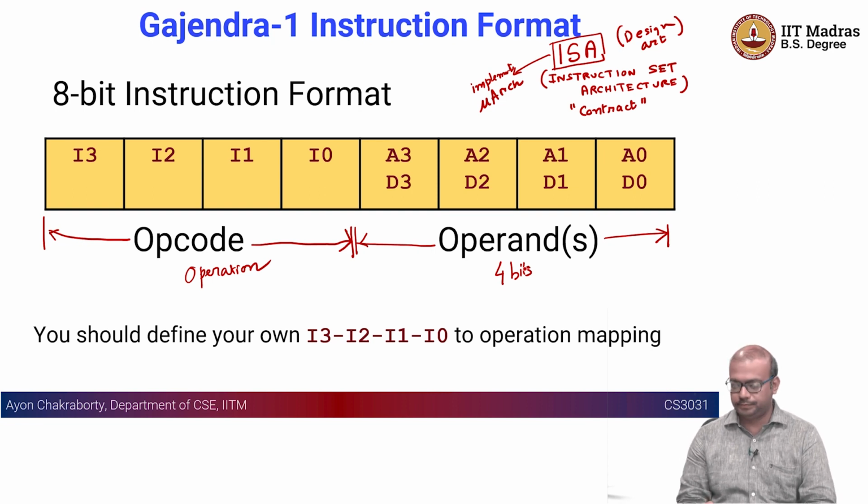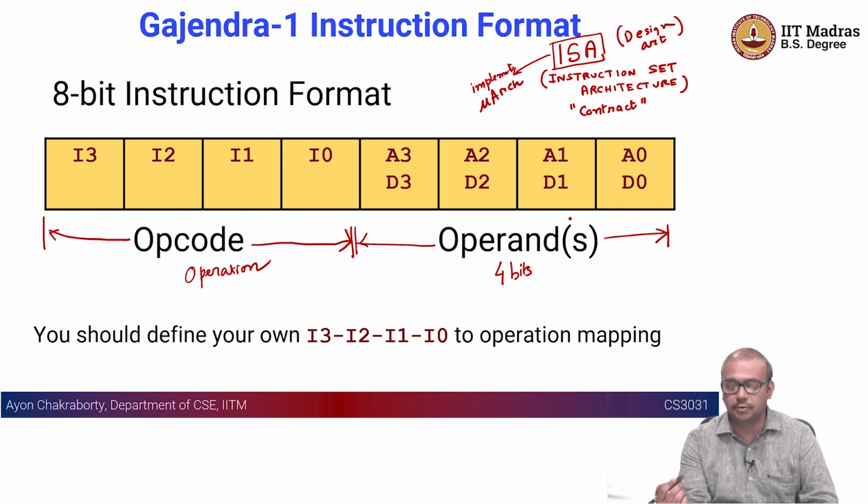Still, if we want to mention something about that address, we can either use the last 4 bits to specify a 4-bit address, as you can see, A3, A2, A1, A0, or if I want to specify certain data, I can also do that. So I want to add 12. 12 could be expressed as a binary number 1100.